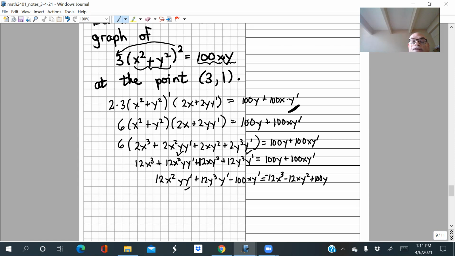Now, from the left-hand side, factor out the y prime. So you get y prime times the 12x squared y plus 12y cubed, factored out the y prime, minus 100x, because I factored out the y prime, equals all of this stuff on the right-hand side.